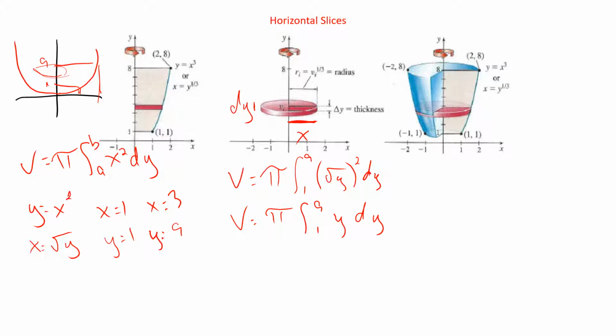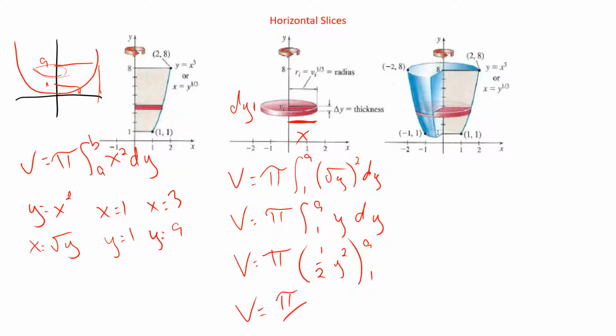We can integrate this. The integral of y, that's going to be 1/2 y squared. So volume, we have pi times 1/2 y squared from 1 to 9. We can plug in the 9 minus plug in the 1. The 1/2 can actually come to the outside.